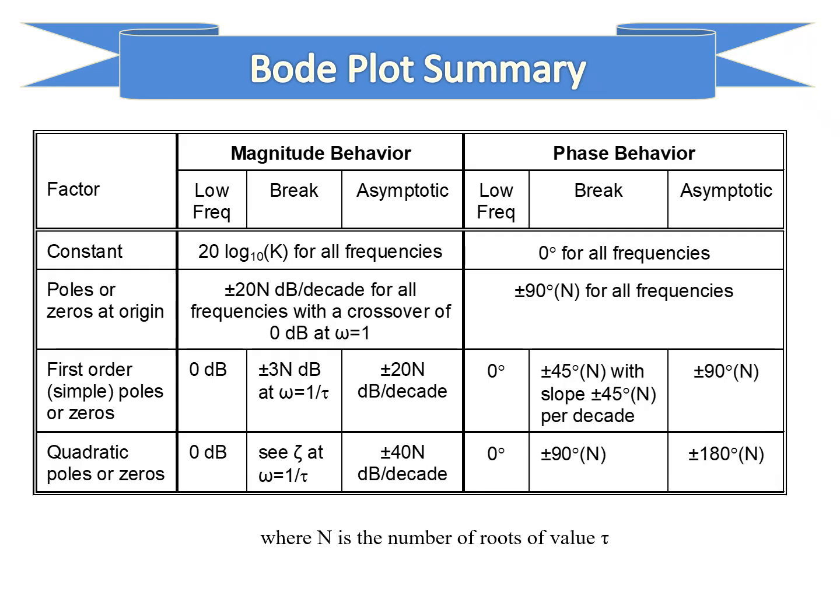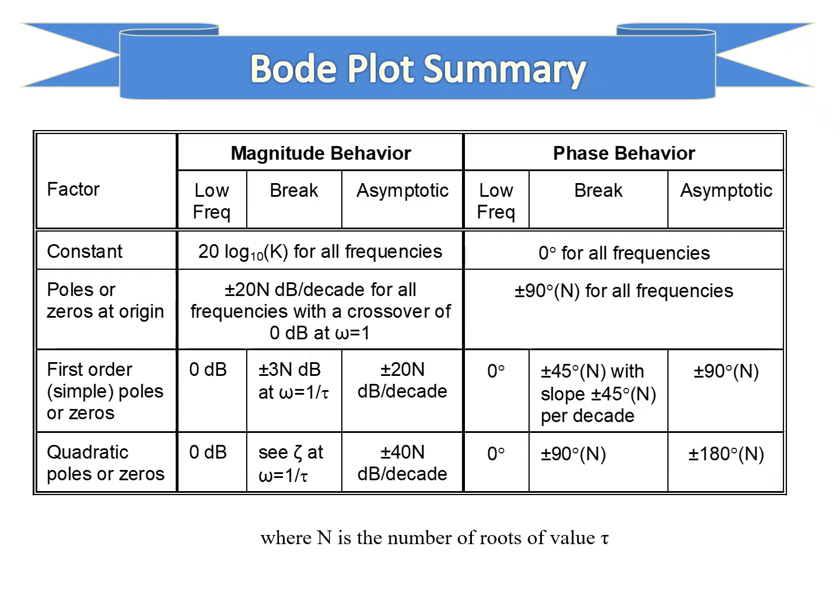Then quadratic pole or zero: 0 dB for low frequency, and then break it is a function of the damping ratio at omega equal to 1 per tau. We should note the constant is the damping ratio.